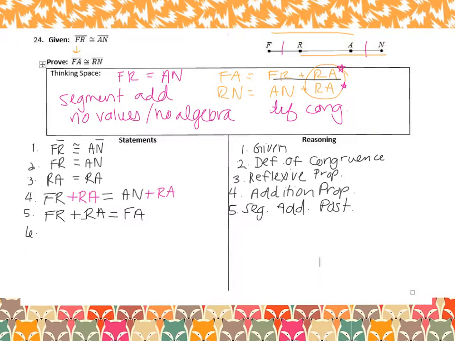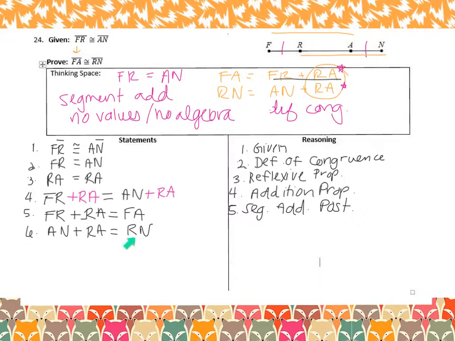For statement 6, we're going to do the same thing but with the second half of this statement. So we could say that segment AN plus RA, you could have put RA in front, is going to equal segment RN. And if you're looking at the diagram, we just said AN plus the segment RA equals RN.